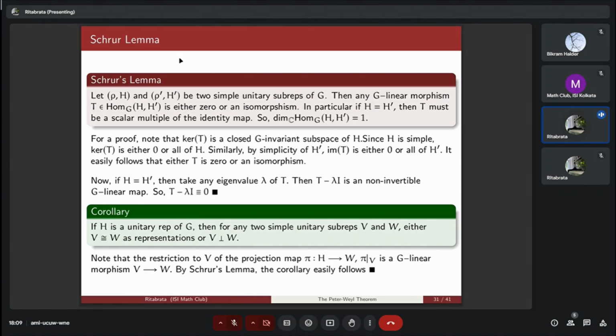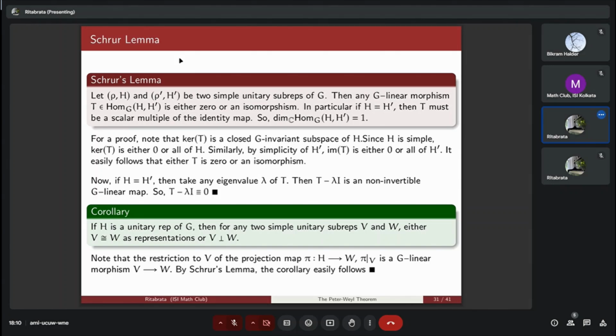But we'll do, if H equals H prime, then the identity map makes sense. Now, because of algebraic closure, we have an eigenvalue lambda of T. It means that T minus lambda I is not an invertible G linear map. So by the first part, T minus lambda I is either zero or an isomorphism. It is not invertible, so it cannot be an isomorphism, so it must be zero.